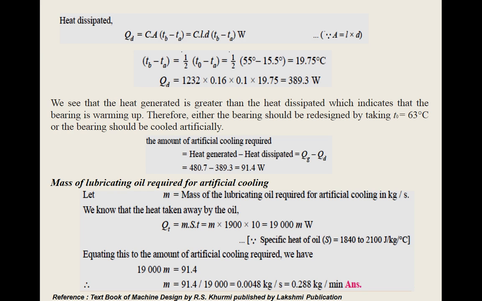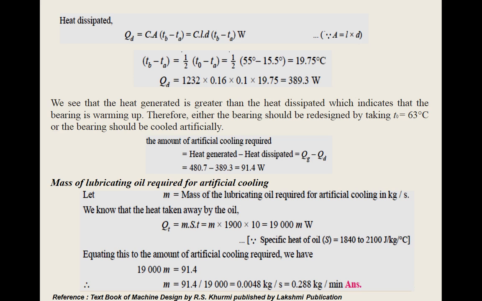The heat dissipated Qd equation is C into A into (Tb minus Ta), where Tb minus Ta is equal to 1/2 (T0 minus Ta). T0 is the oil temperature, 55 degrees given, and Ta is the ambient temperature, 15.5 given. So we have calculated Qd is equal to 389.3 watt.